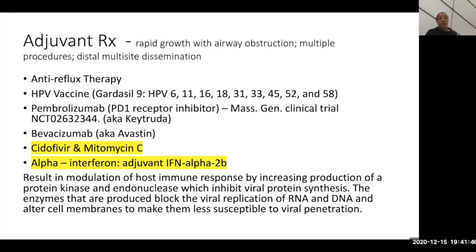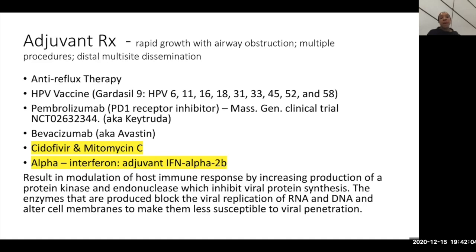Now, we've talked about Avastin, which Mr. Jonas has already mentioned. The other name for it is bevacizumab, and these are monoclonal antibodies which are typically used for head and neck cancers and in other cancers, generally called immune checkpoint inhibitors.